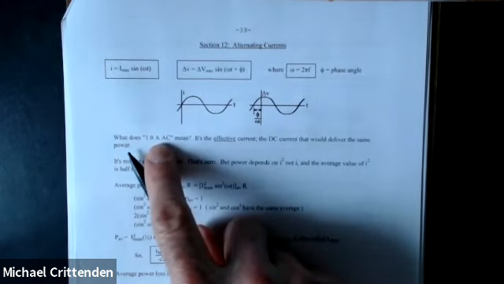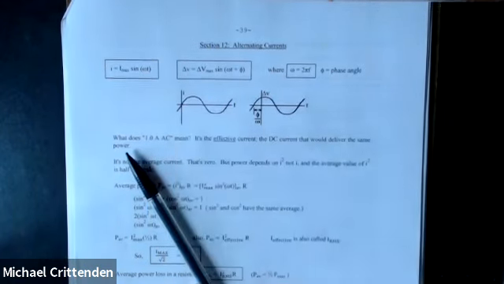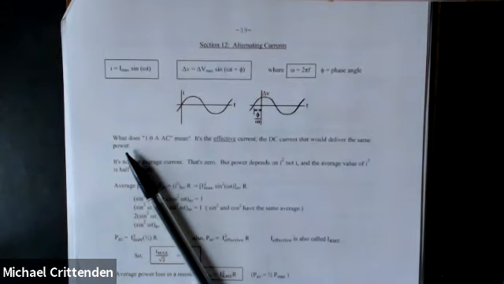It would make the toast just as brown in the same amount of time. If you had a space heater, it would keep you just as warm. In other words, it delivers the same power.